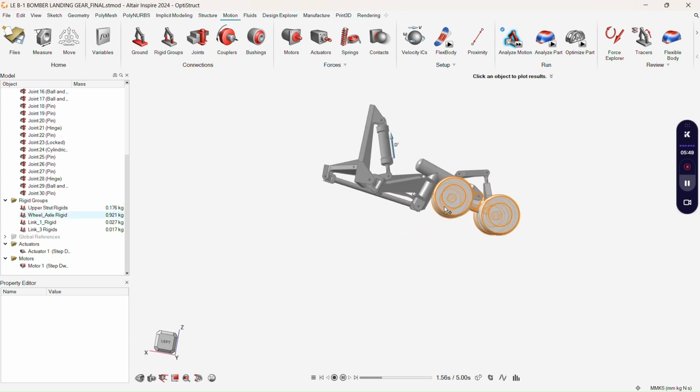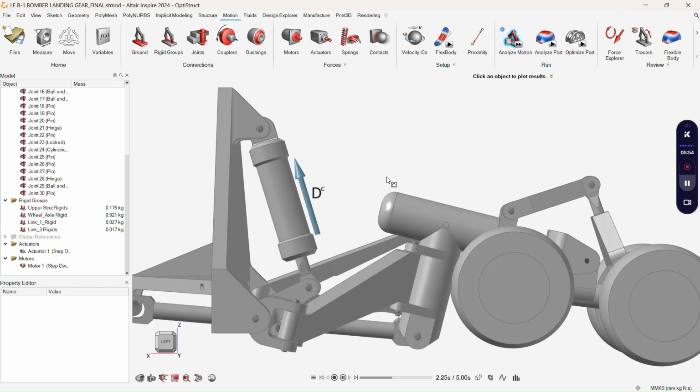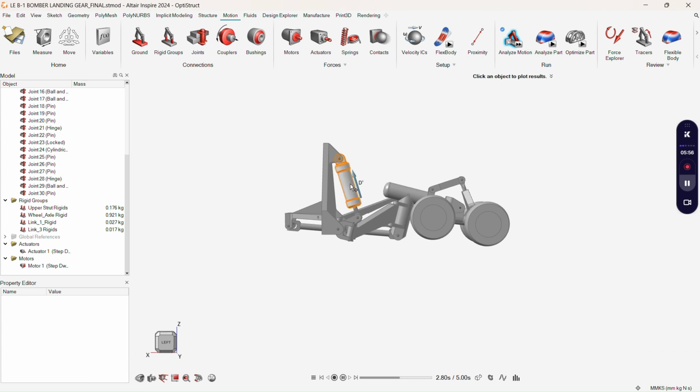You can see the wheel assembly is properly lifting, and again after an interval of 2 seconds, it is lowered.